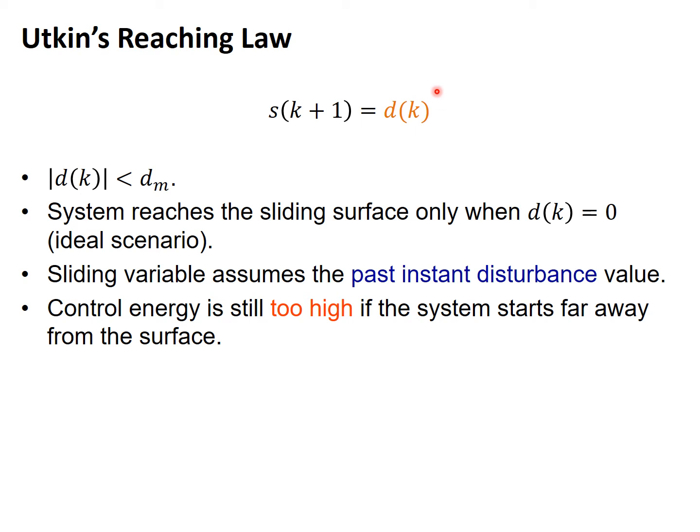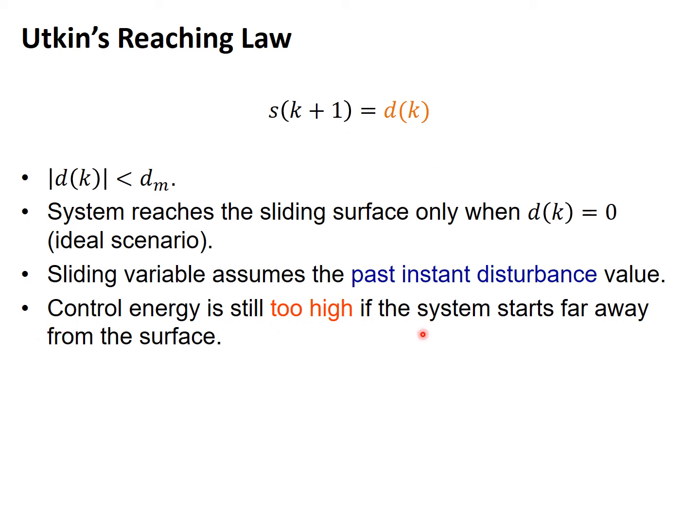So in one way, this observes your disturbance. This is a disturbance observer also. The past value of the disturbance is getting observed, not the present value. So you can reconstruct the disturbance, but you cannot use it, because you are only able to identify the past disturbance value.